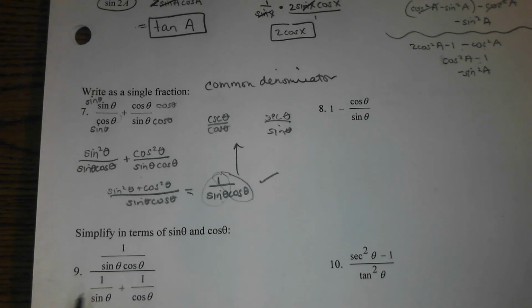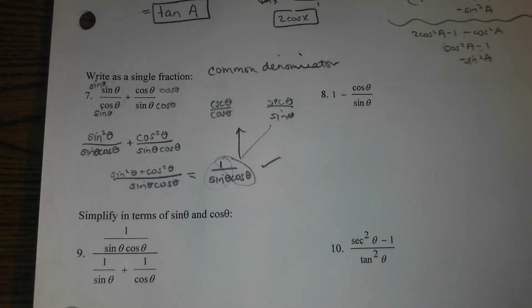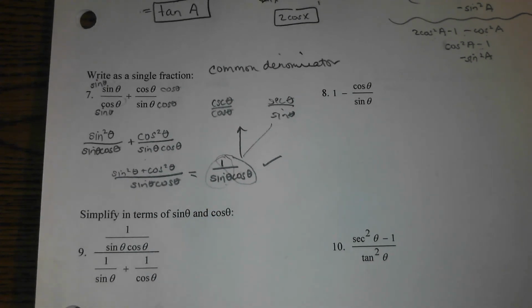Just so we're all on the same page, keep everything in sines and cosines, unless it's 1 over sine and that's it, so it can be more concisely written as cosecant. Keep it that way, because otherwise we can diverge in a different direction. This is still a single fraction, so you're good.